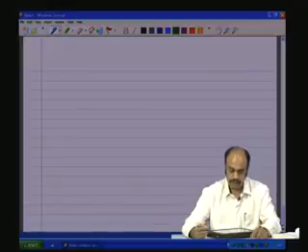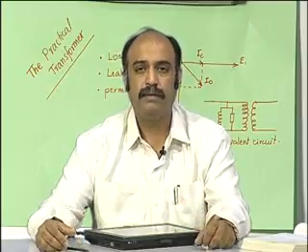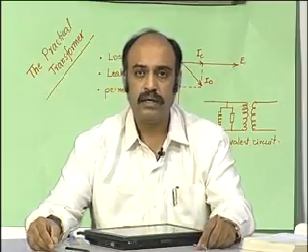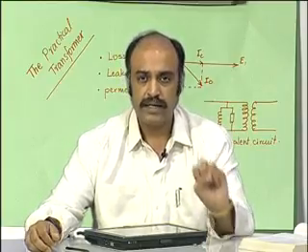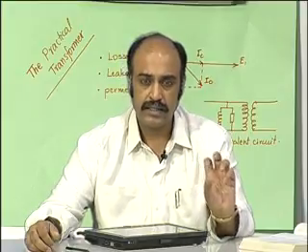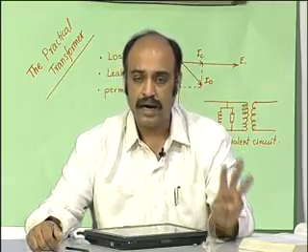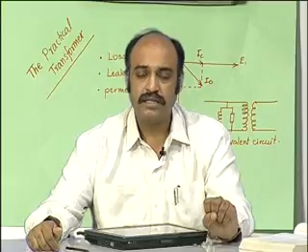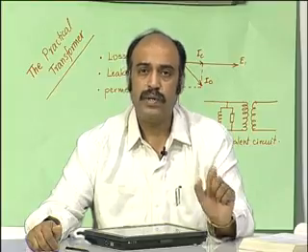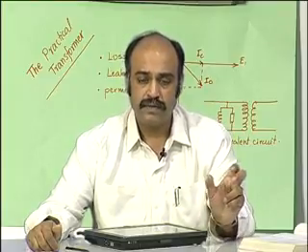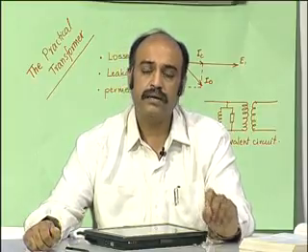Now, having discussed the practical transformers and having developed the complete equivalent circuit of the practical transformers, which contains 3 reactances: the magnetizing reactance Xm, the leakage reactances X sigma 1 and X sigma 2 of the primary and the secondary, and contains 3 resistances: Rc, which is the core loss component, R1, which is the winding resistance of the primary coil, and R2, which is the winding resistance of the secondary coil.